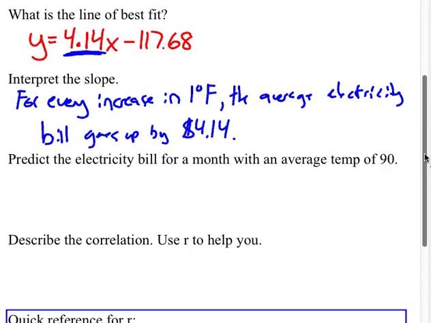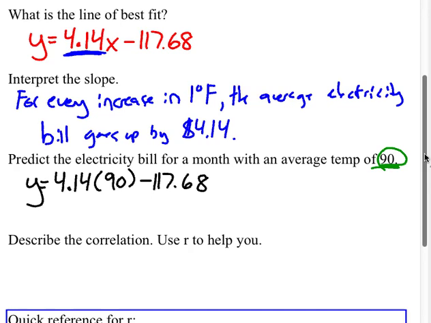What about predicting? What about predicting when I have an average temp of 90? For this, I can just plug that in. 4.14 times 90 minus 117.68. This is something we can actually just plug into the calculator.